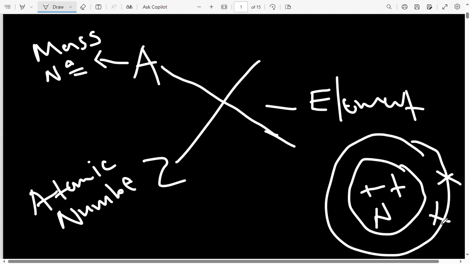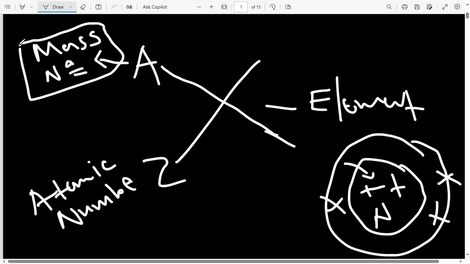So these particles in the nucleus, when you count them and add them, form the mass number. You add the protons to the neutrons and you get the mass number, and it is this number that is on the top left corner of the element.